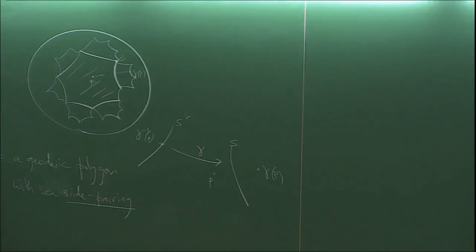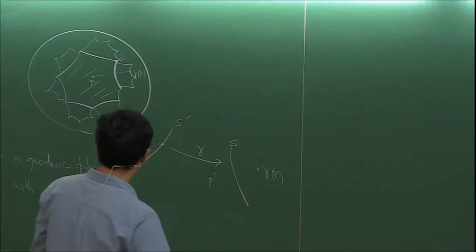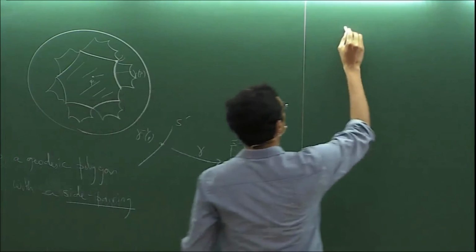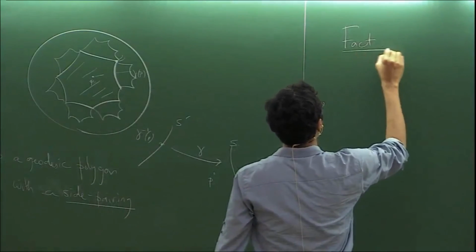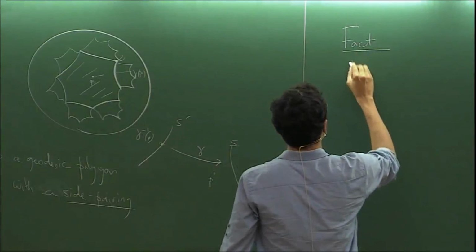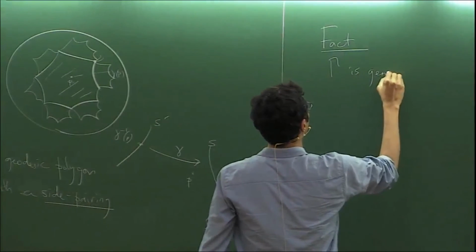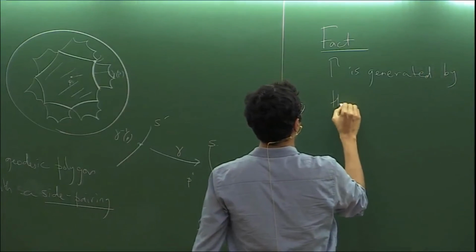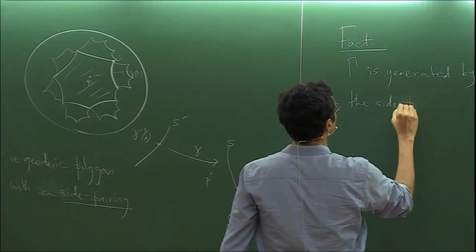Okay, I'll write a bit larger. A fact which I won't prove is that, in fact, this gamma, the Fuchsian group, is generated by all these side pairings.